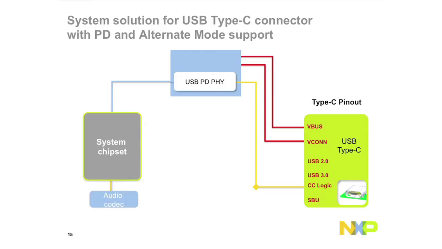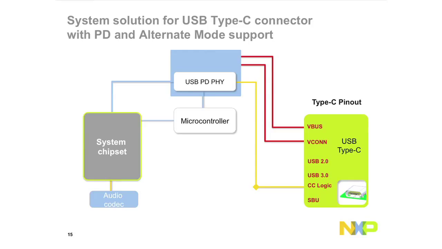They both need to be able to exchange messaging that they both understand, which is compliant to the PD spec, and it is BMC encoded messaging as per the spec. This is what the physical layer device essentially does. It takes the message that wants to be sent out, puts it in the right packet structure and sends it out, and it reads the message that is coming in and tells its own system, hey, this is what I got from the other side.